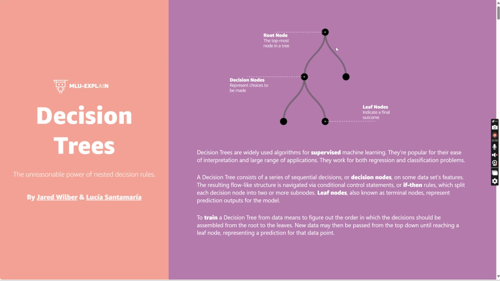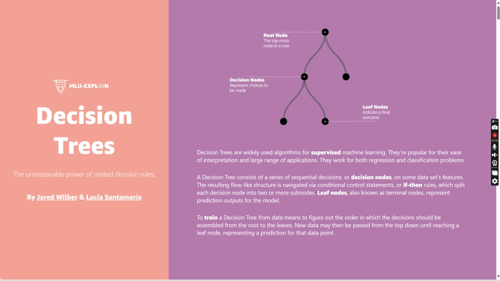So first things first, the very first node in a decision tree is called the root node, the topmost node. Whatever nodes follow are called decision nodes.